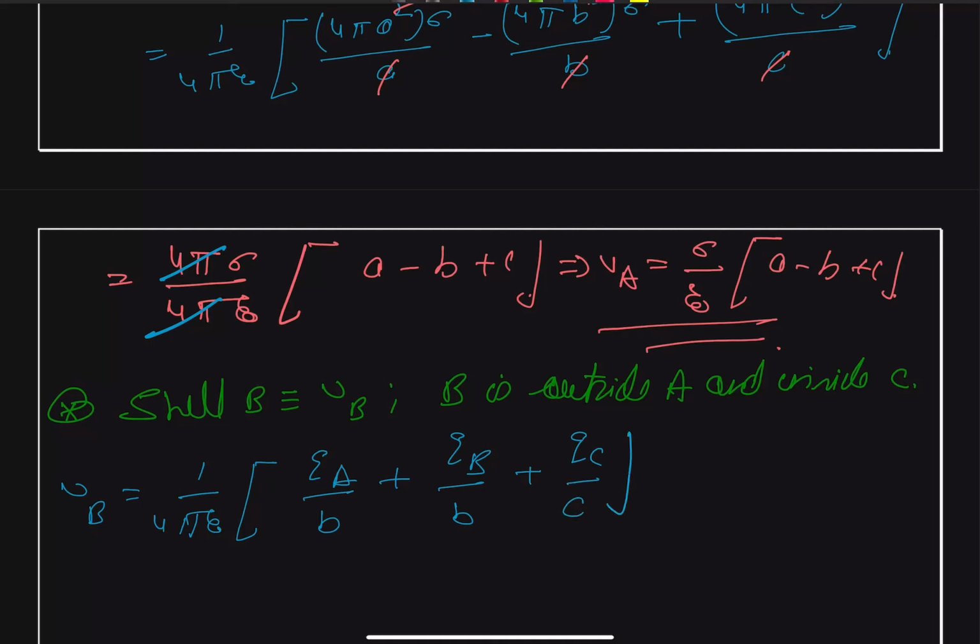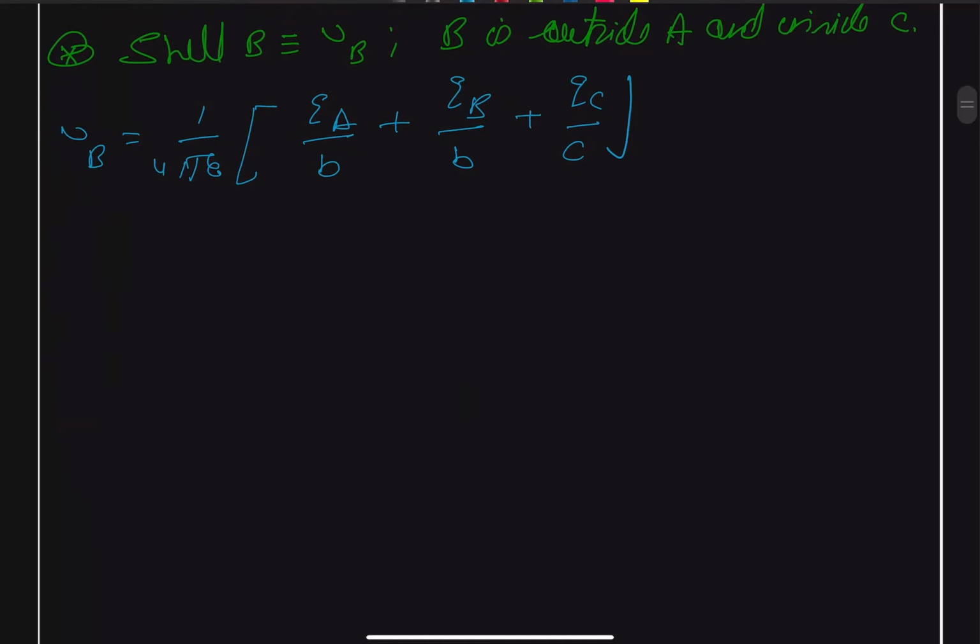And once again, we already know the values of QA, QB and QC. We substitute them and we get 1 upon 4 pi epsilon naught.